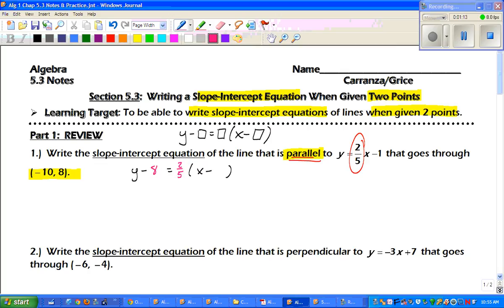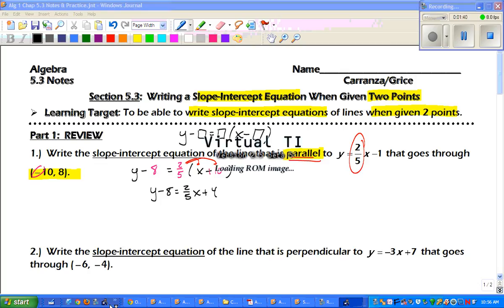And then we put the y where the y goes and the x where the x goes, okay? That turned to a positive 10 because it's negative, and two negatives make a positive. All right, so we need to distribute, and we get y minus 8 equals 2/5 x plus 4, okay?